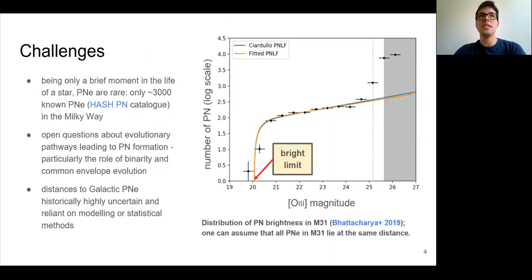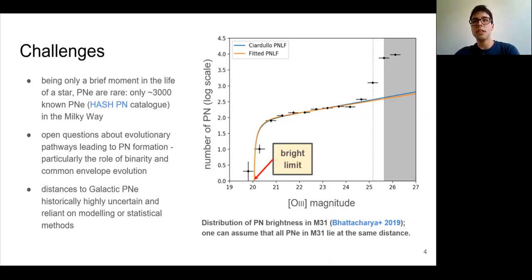So what are the challenges then in studying these objects? They're only a brief moment in the life of a star, and as such, they're relatively rare, with only about 3,000 known in the Milky Way. There are open questions about the evolutionary pathways that lead to PN formation, particularly the role of binarity in common envelope evolution.